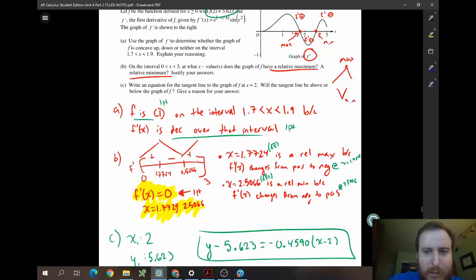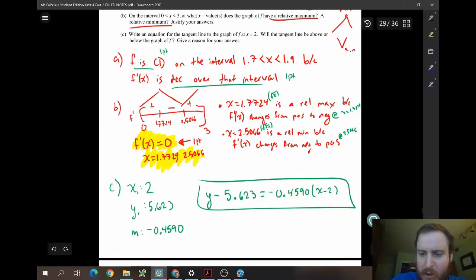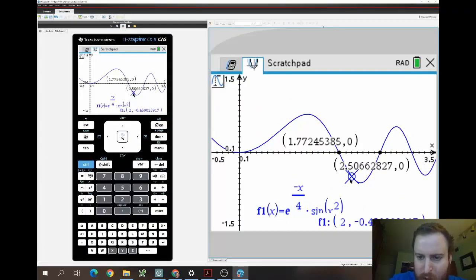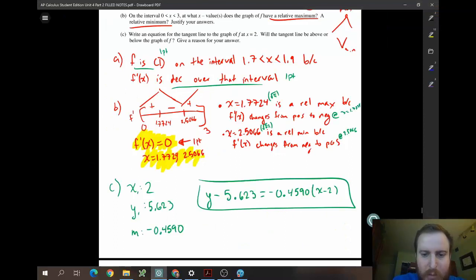And then it says, will the tangent line be above or below the graph of f? So this is going back to that same thing. So at negative 0.459, right, and when we traced it, we see it here, it's still decreasing here, right? It's still decreasing at this point. So because it's decreasing, that means that we're concave down. So if we're concave down, right, then any tangent that we draw is always above our line.